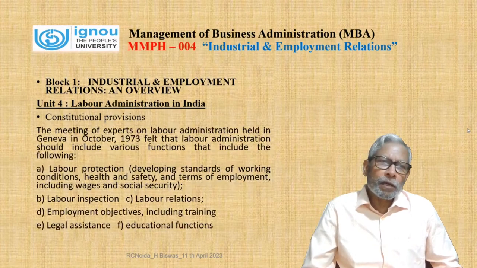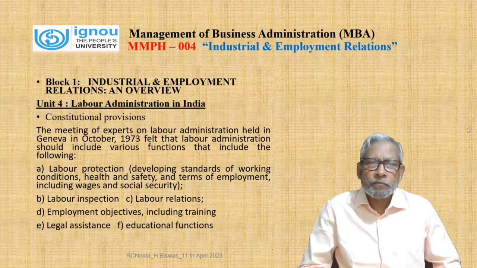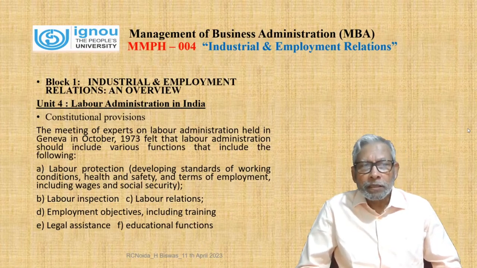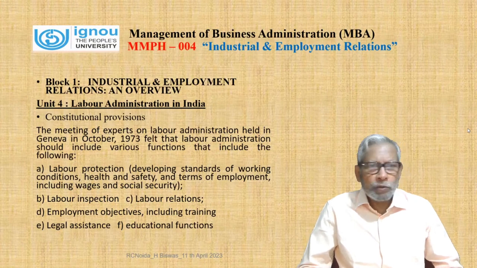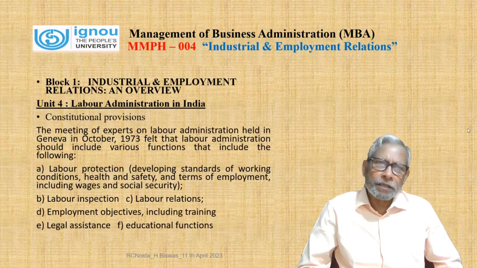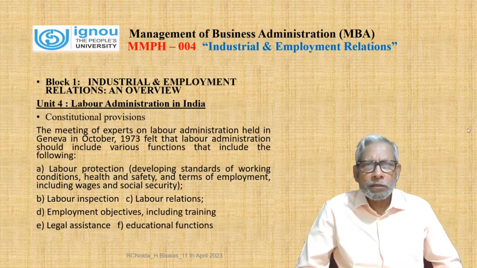Now, a meeting of experts on labor administration was held in Geneva in October 1973. At the Geneva meeting, it was felt that labor administration should include various functions, and during the meeting it was decided that the following should be there.